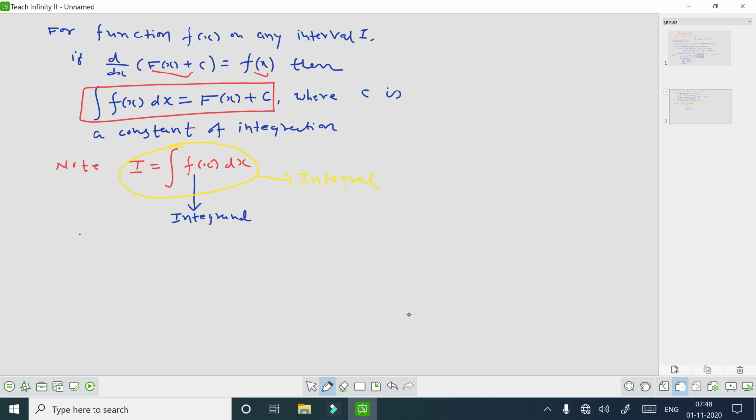The process of finding the integral of the integrand function is called integration.